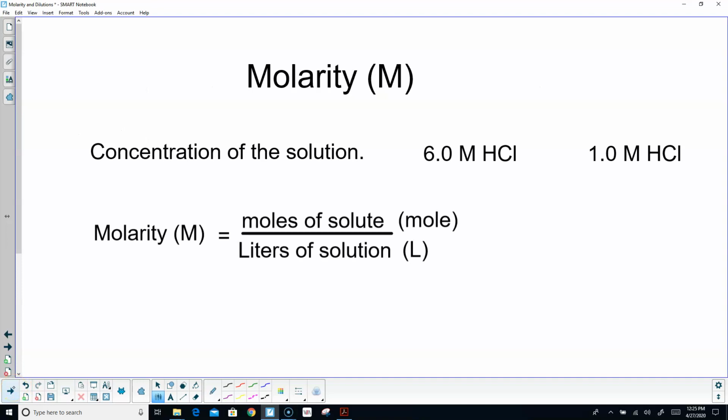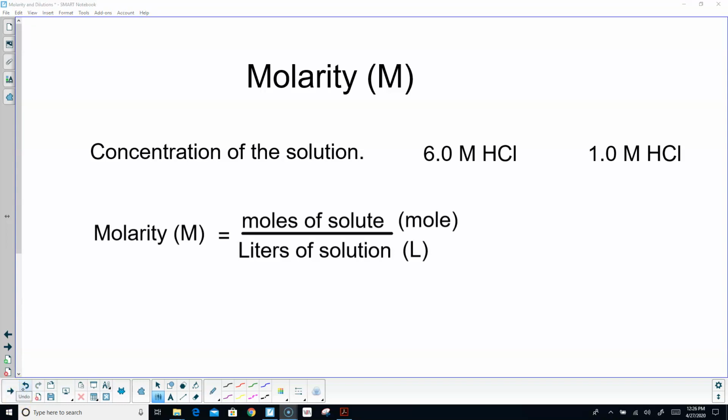So this is molarity. You abbreviate it with a capital M. I don't know if you recall, but in class we've seen things written like 6 M HCl, 6 molar hydrochloric acid, or 1 molar hydrochloric acid. Up till now that probably didn't have a lot of meaning to you, but now those numbers are going to have meaning.